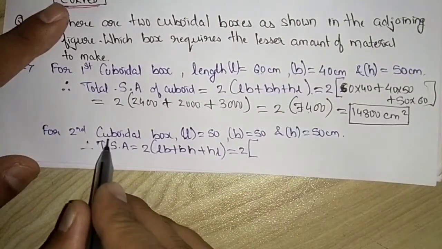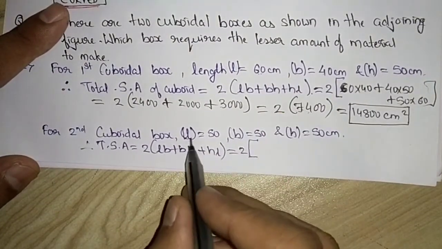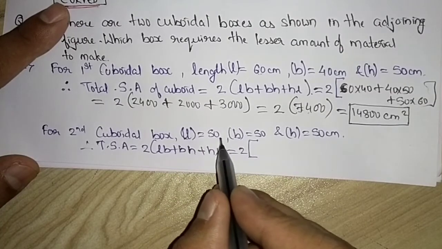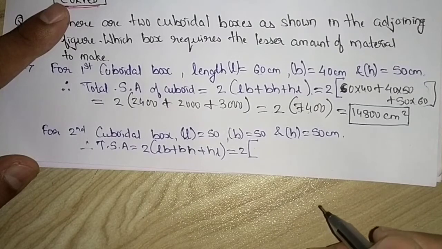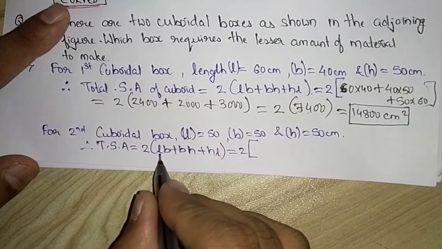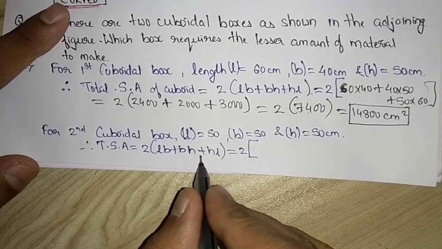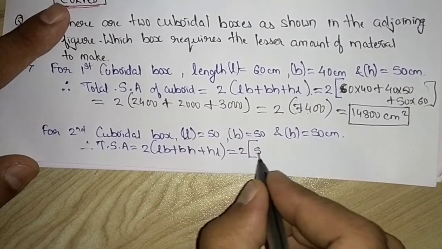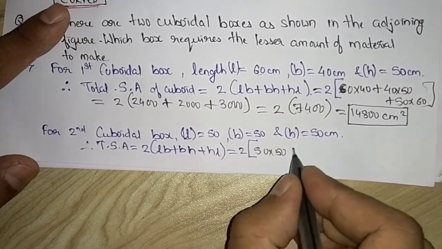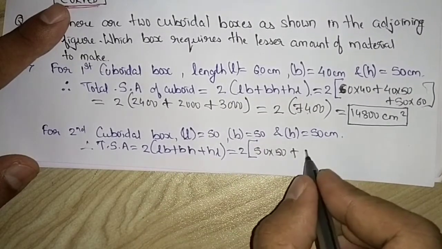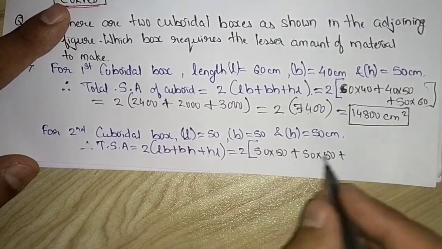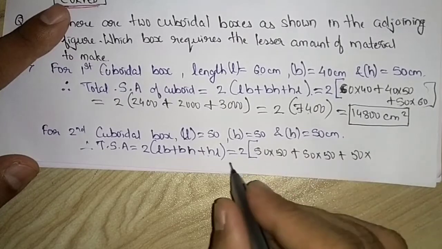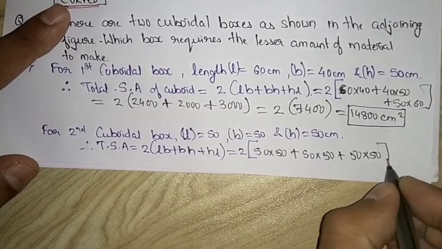Now taking the second cuboidal box, in which L is 50, breadth is 50 and height is 50. What is the formula? 2 into LB plus BH plus HL. L is 50 into 50, plus BH, B is 50, height is 50, plus height 50 into length 50.